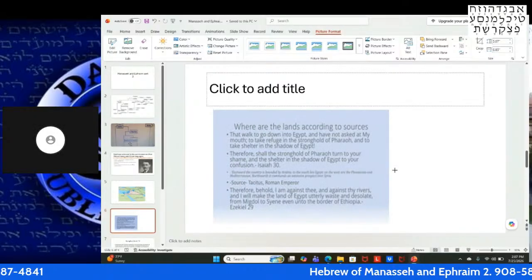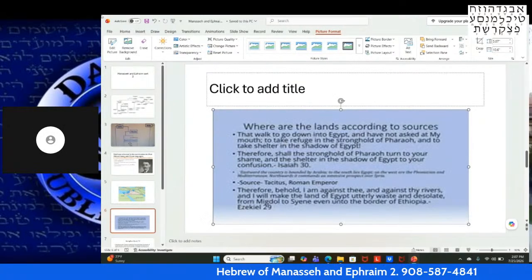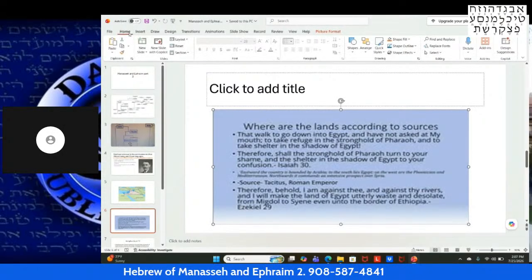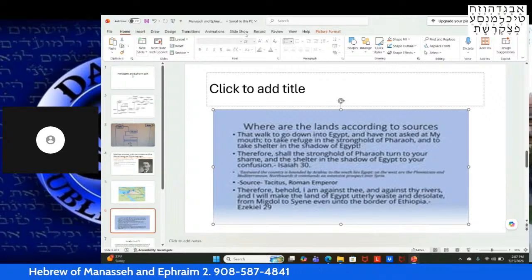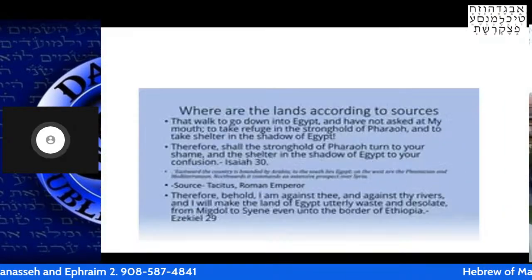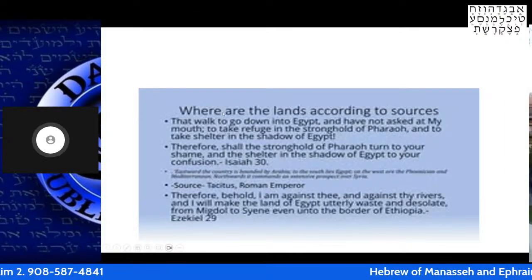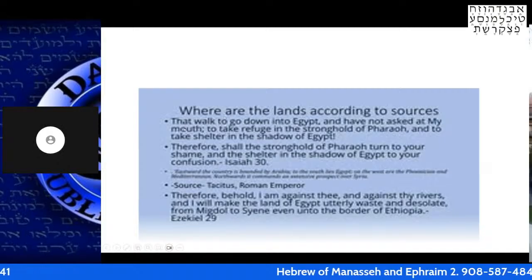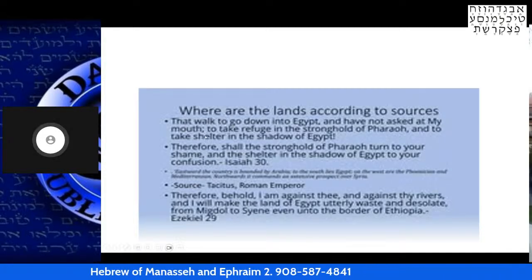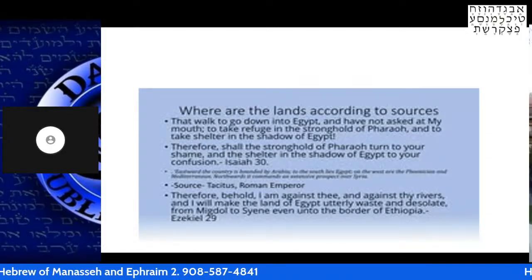Those who go down into Egypt and have not asked at my mouth, to take refuge in the stronghold of Pharaoh and to take shelter in the shadow of Egypt?